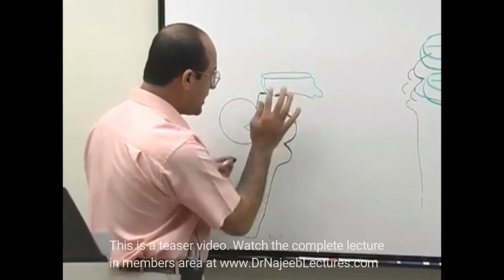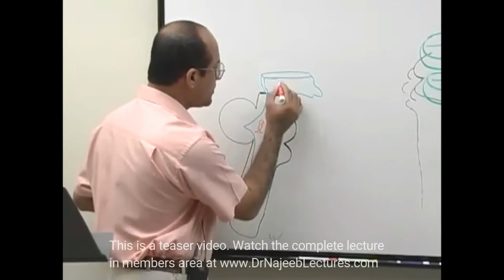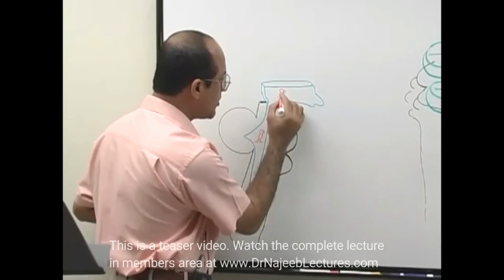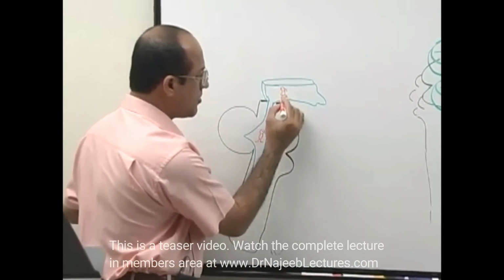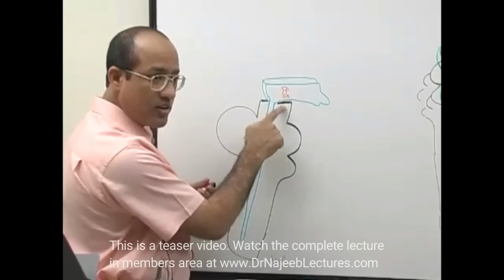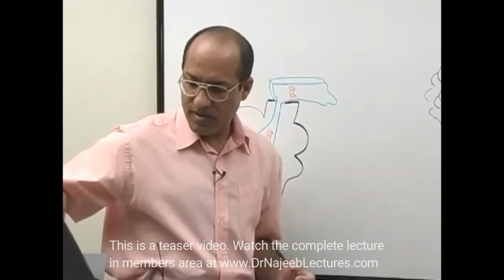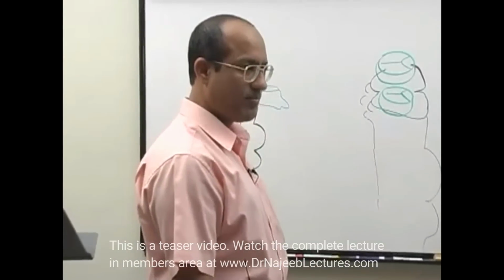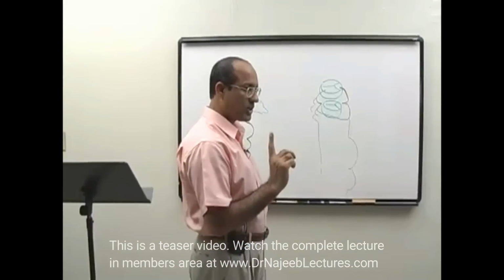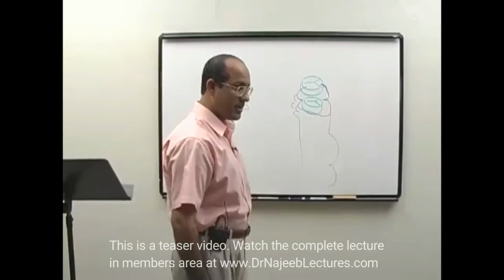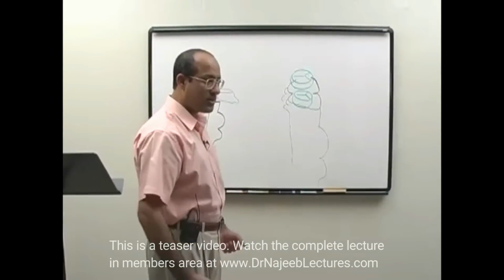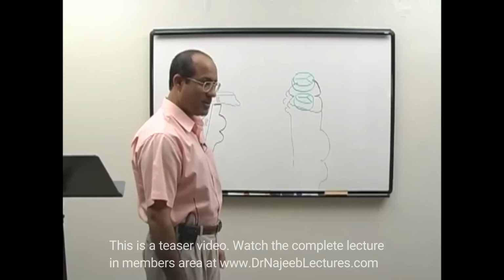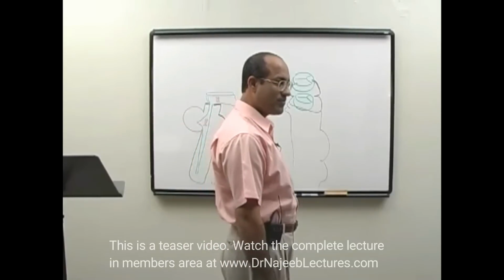So if you are standing here, the inferior structure is midbrain. I am in the third ventricle, and I have just come out of the cerebral aqueduct. I move a little forward.